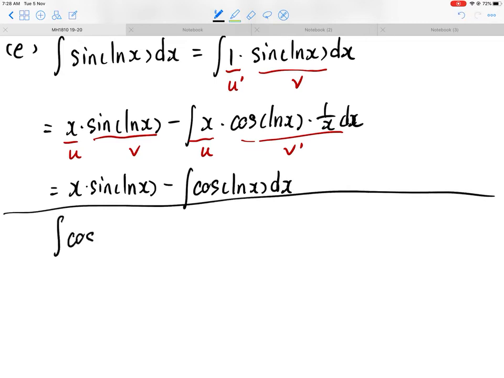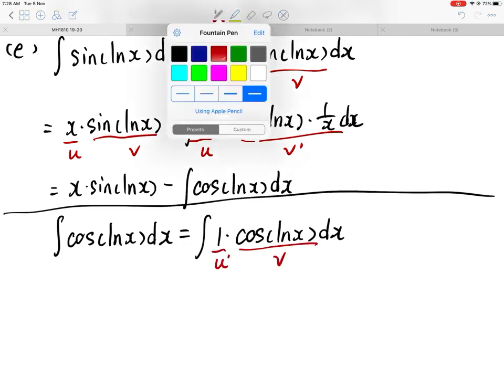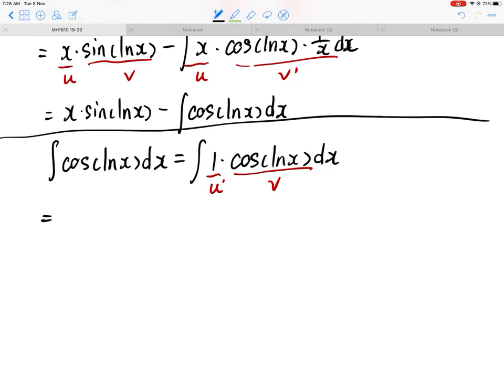Alright, what is the integration of cosine ln x? So same method, you can treat it as 1 times cosine ln x dx. Okay, this is your u, this is your v's derivative. So first part is u times v, minus the integration of u times v's derivative.